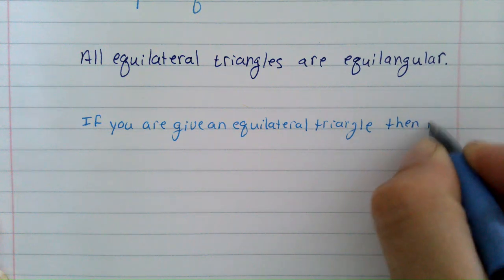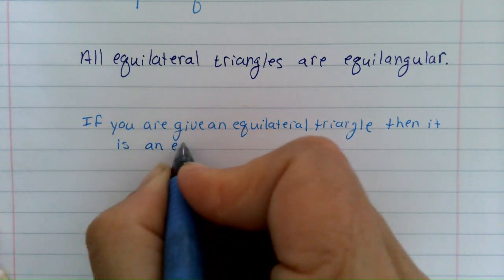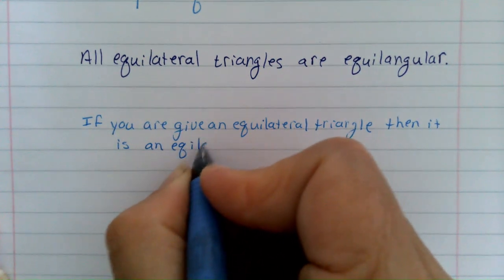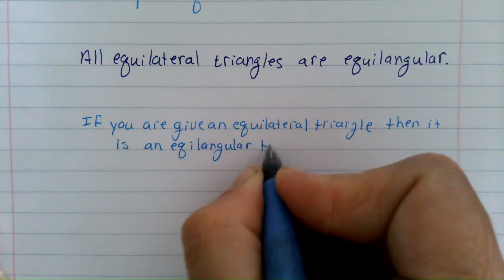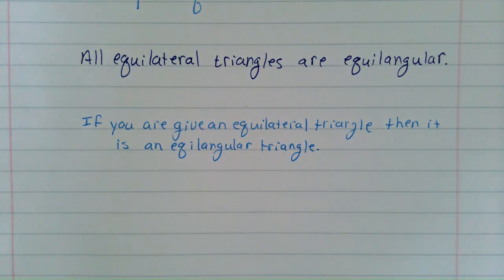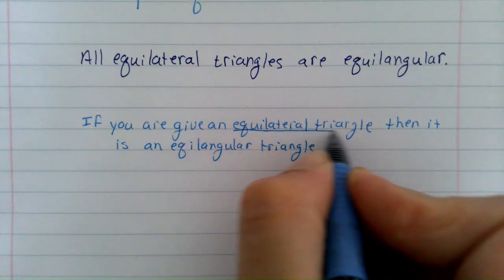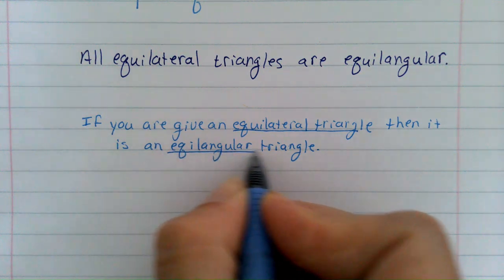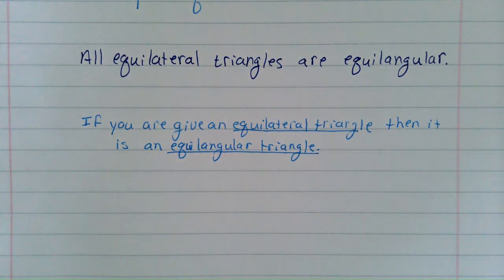Then it is an equiangular triangle. Now we've written it in if-then form, so now we can clearly see our hypothesis and our conclusion.